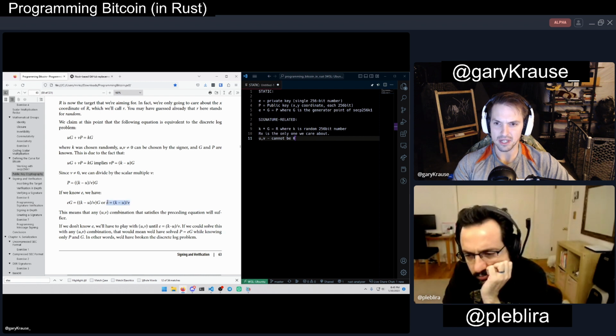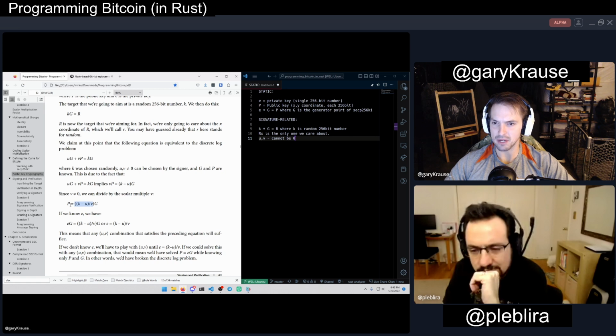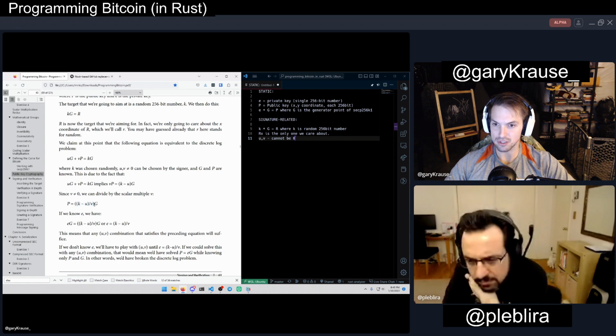Because of this right here, EG equals P. So P equals this times G, so E equals that sort of thing.